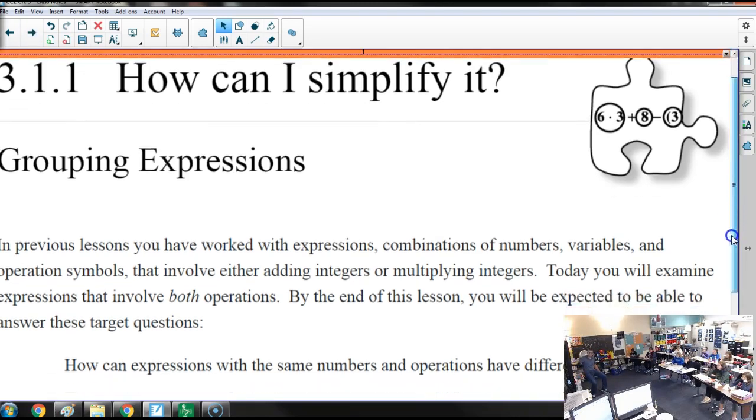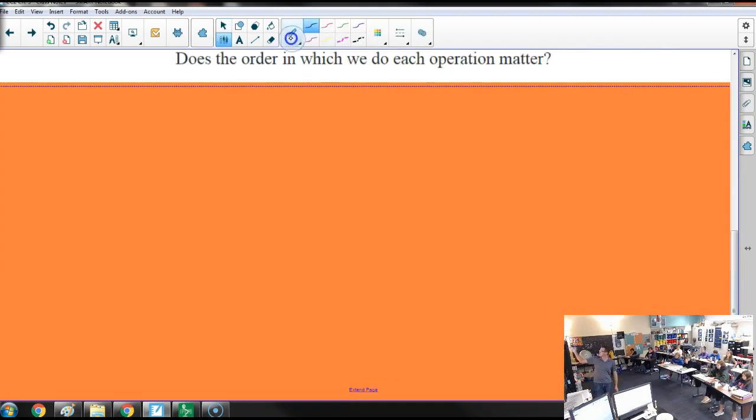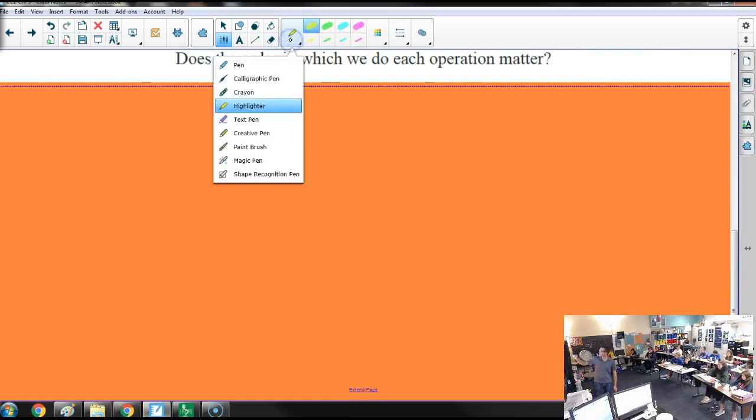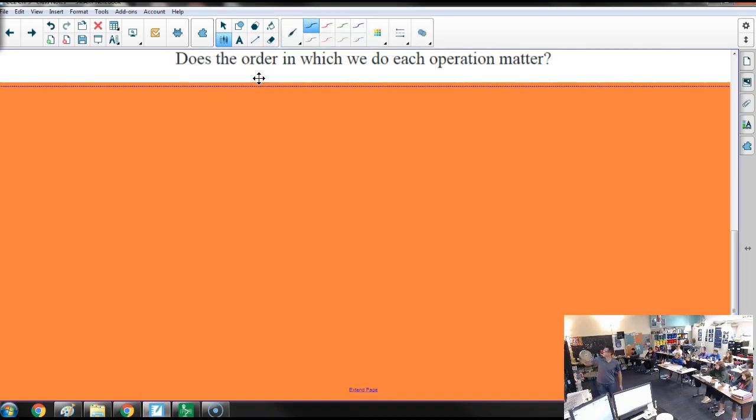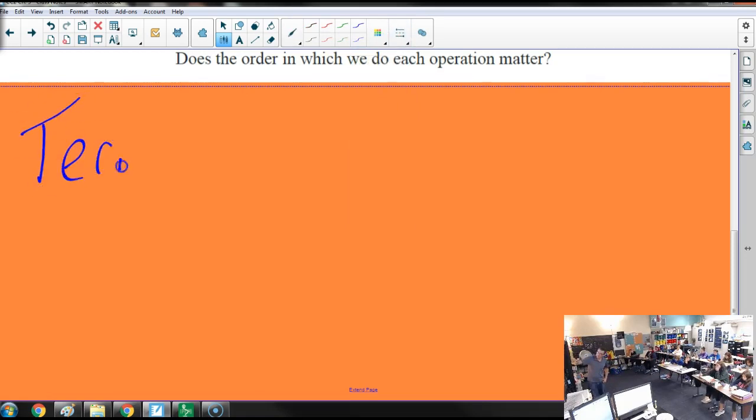So I would like you to write that down on your paper, because that's the easiest way that we can talk about terms. The vocab word we're defining is terms.